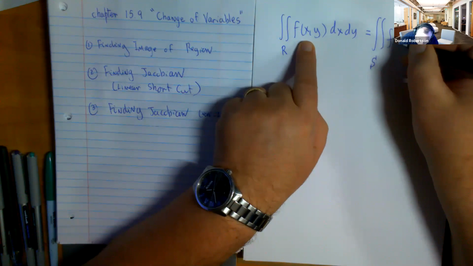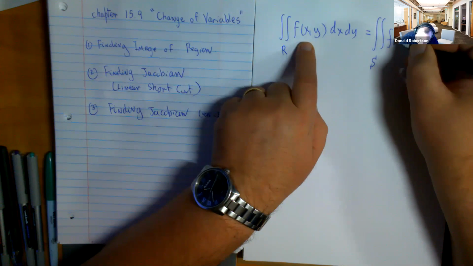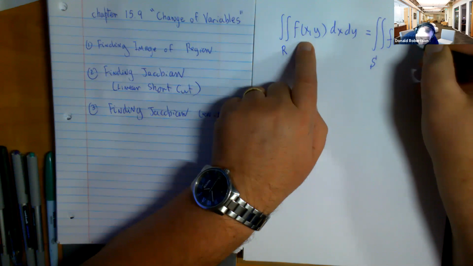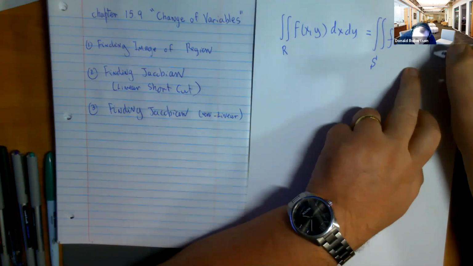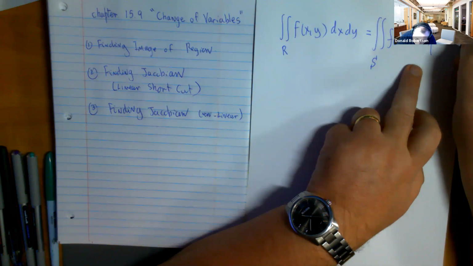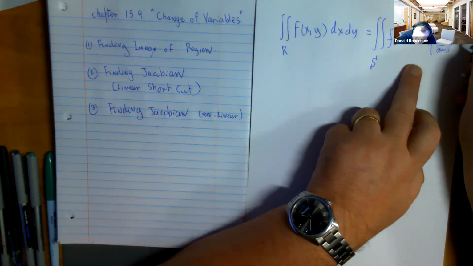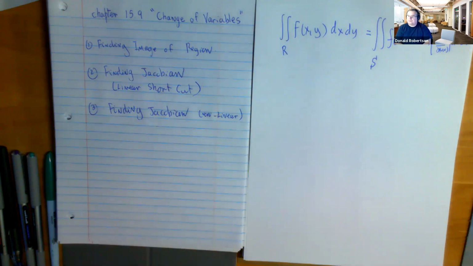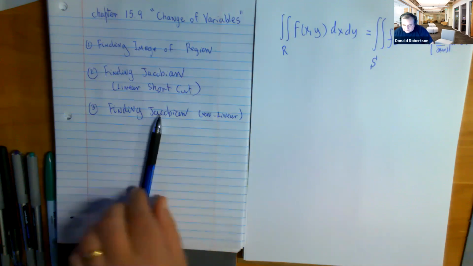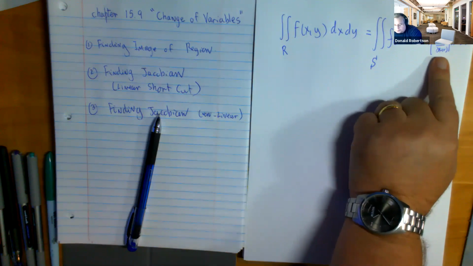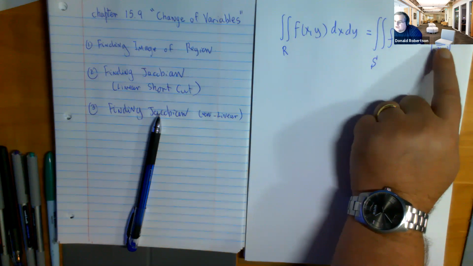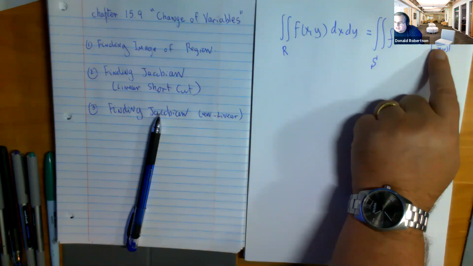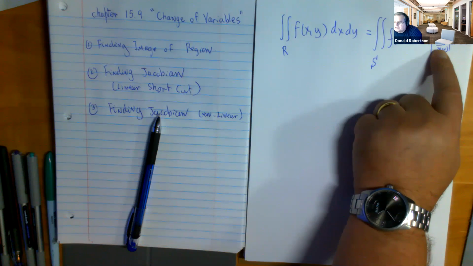The function of x and y will be x of u and v, comma, y of u and v. I'll explain that in a minute. The Jacobian du dv. That little Jacobian, you see the vertical lines around it? That's the absolute value I was talking about earlier. Now that's only going to be relevant if this is linear and that's a number. So if the Jacobian is 5, it's great.